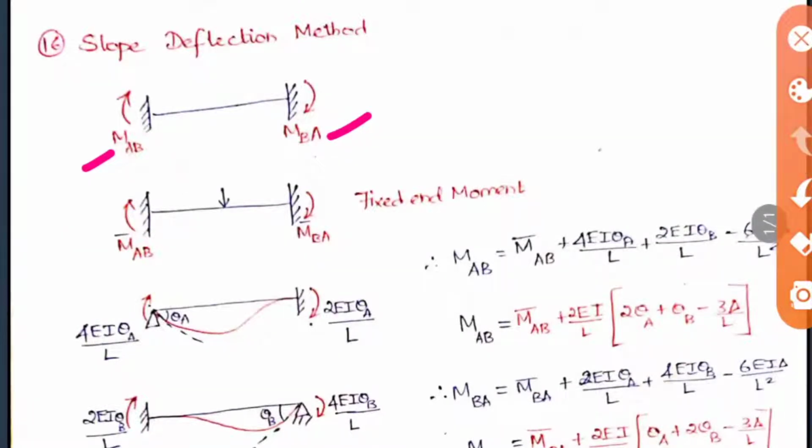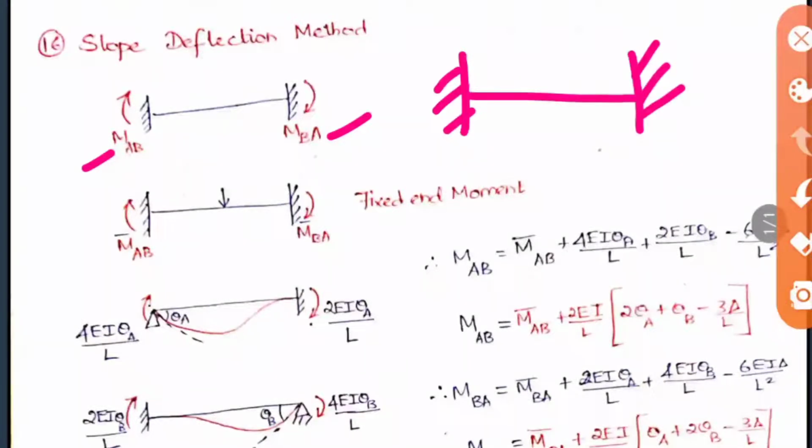In slope deflection, you have to consider all the moments in the clockwise direction only, so that is why we have taken it like this. But actually in a fixed beam, the moment occurs like this: in this direction it is clockwise, and in the opposite direction it is anti-clockwise. This is the actual direction of the moment applied at the support.